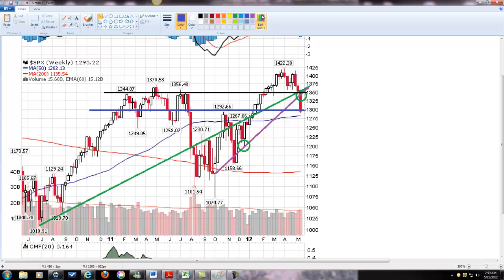I've also got another line, I think. Let me go ahead and check this. Blue. I think I've got another line coming out from down here, which is going to give us that 11.8 target, which would be, I'm sorry, I was thinking of the Dow, but kind of around 1225, 1200.